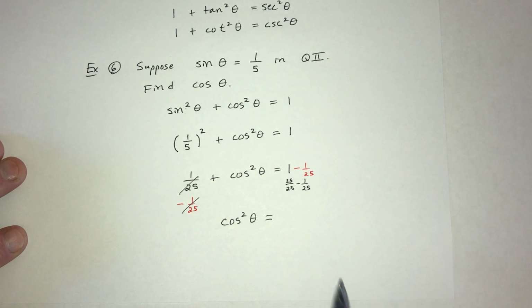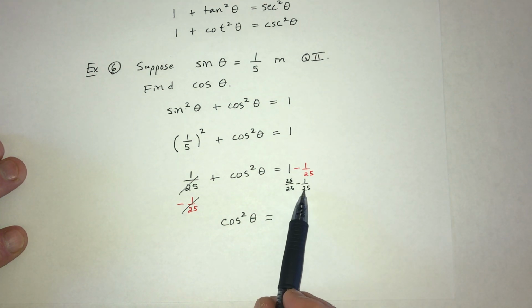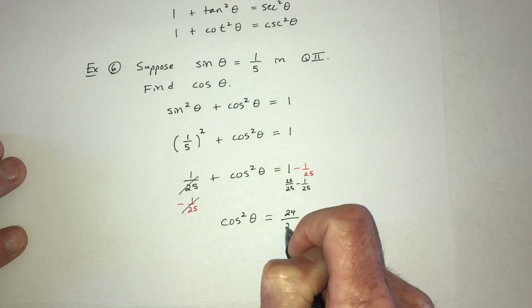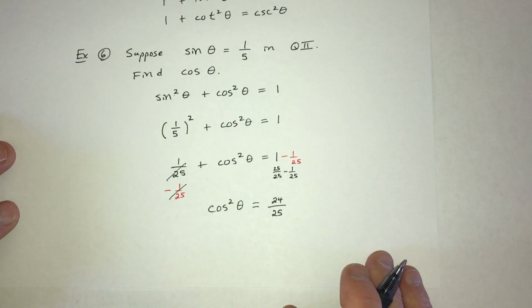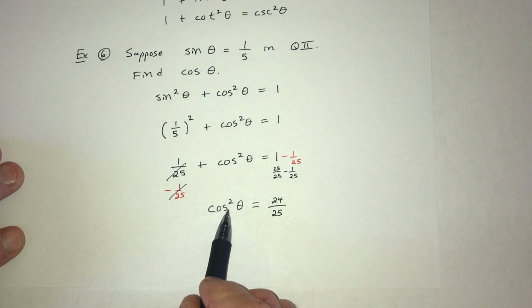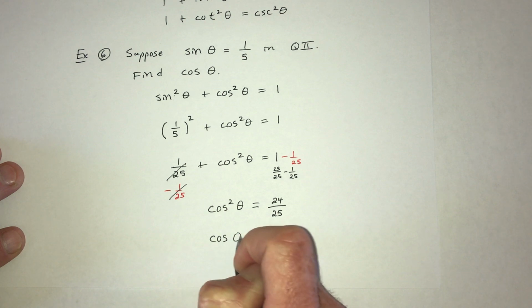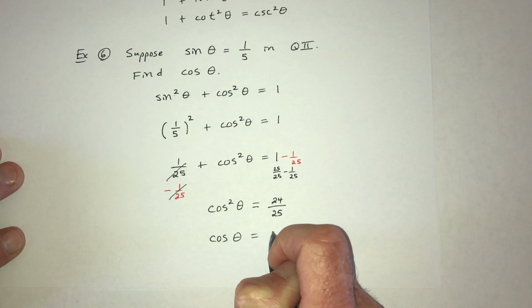So the right side really has 25 over 25 minus 1 over 25, which is 24 over 25. Now to get rid of the square, take the square root of both sides. So we'll have cosine of theta equals, and when you take the square root of both sides, put plus minus.